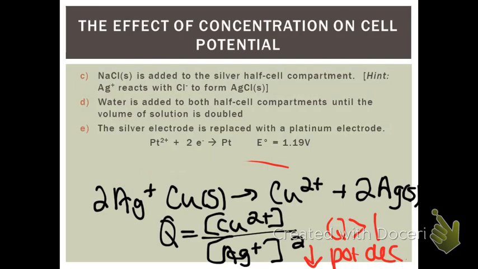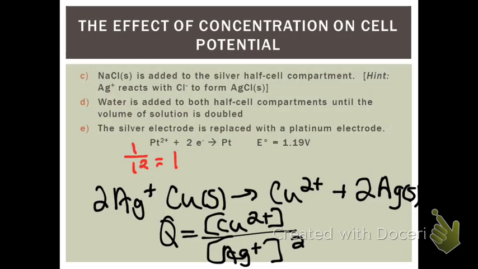Now the only one where it really is not going to help you to do both methods is this next one. It says water is added to both half cell compartments until the volume of the solution is doubled. Remember, if you add water, you're diluting it. If you assume that before the dilution that they were both 1 molar, 1 over 1 squared is 1.